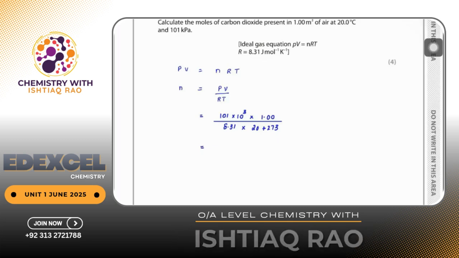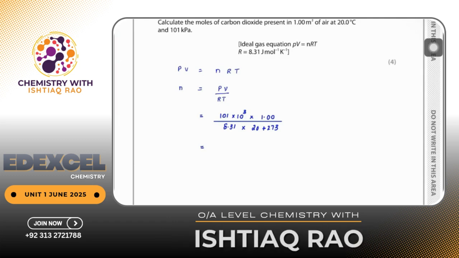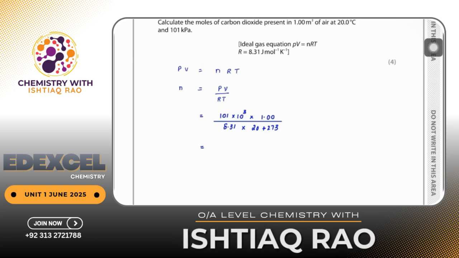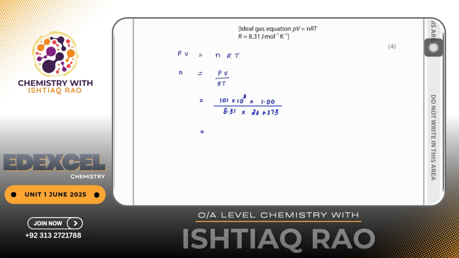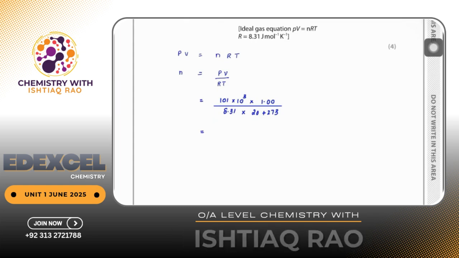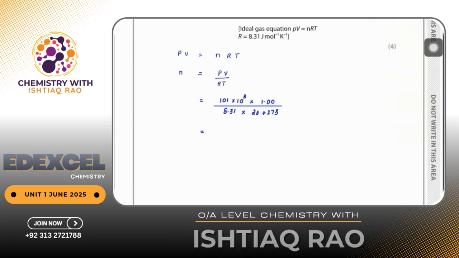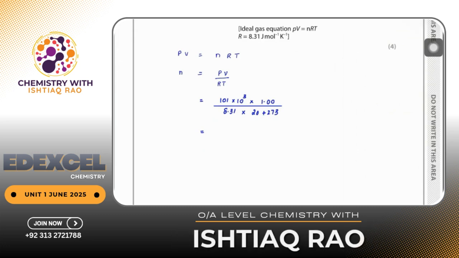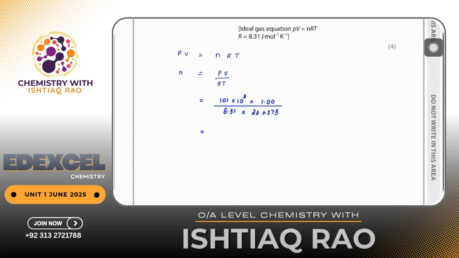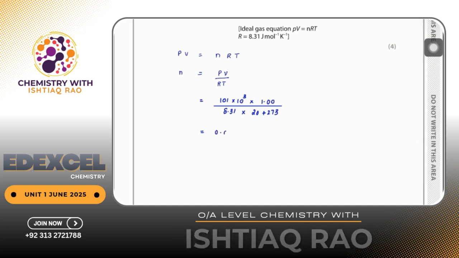So what would be the number of moles? The number of moles should be 0.0172 mole. Okay.